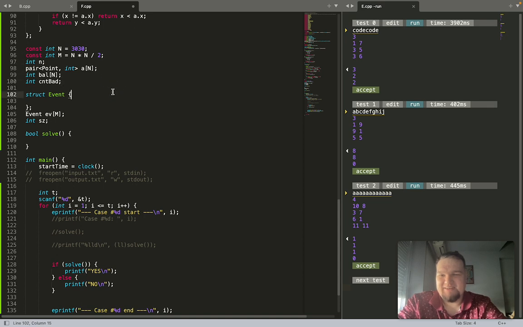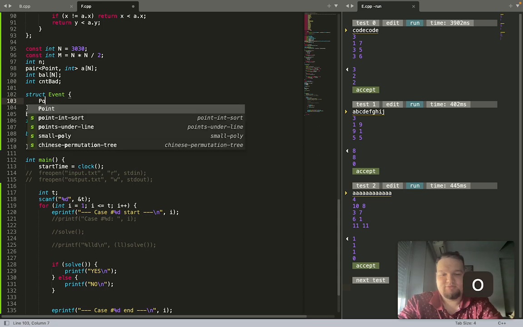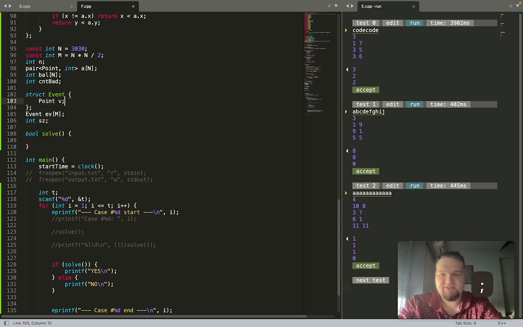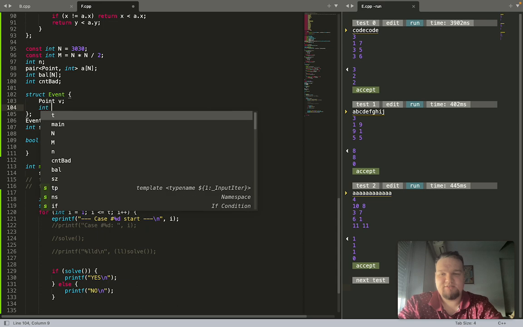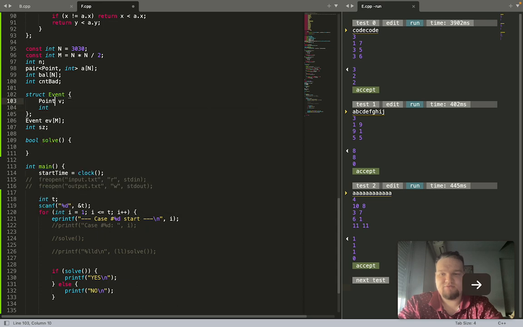So there will be some struct event which will have the direction and the IDs of 2 points that we need to swap right now.